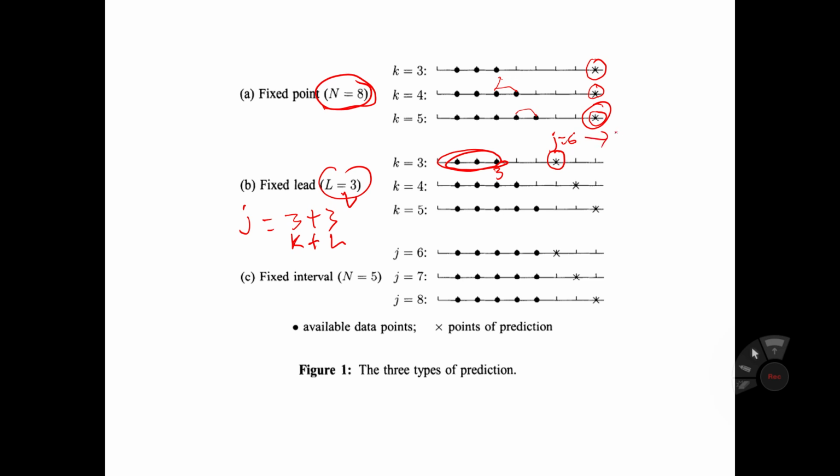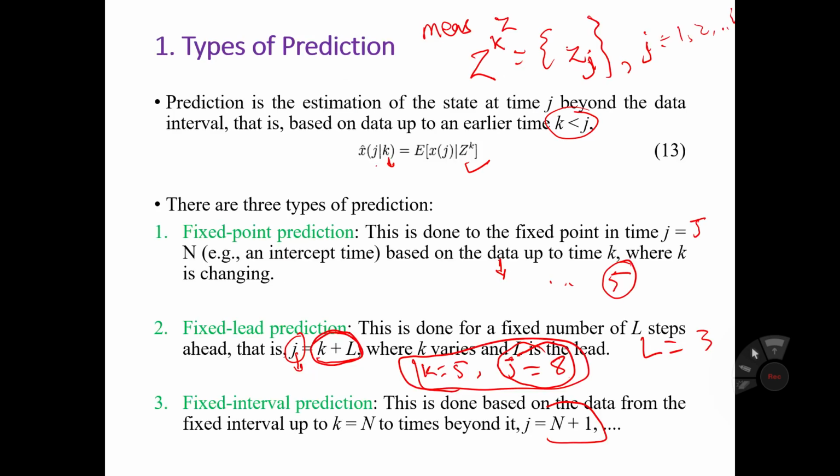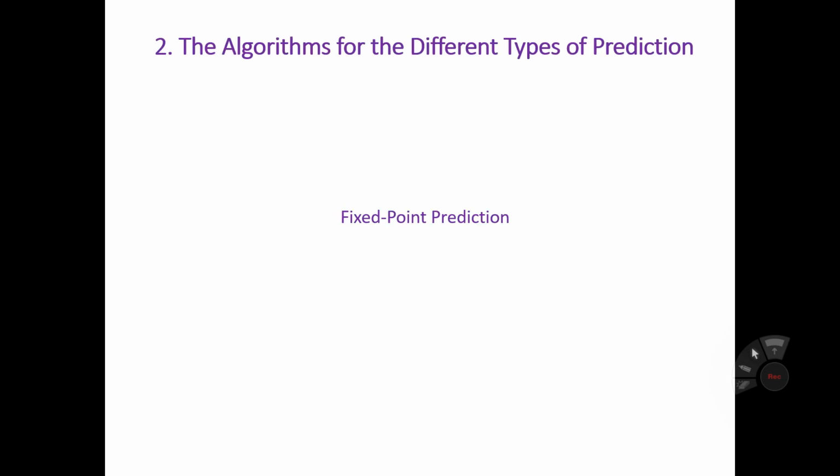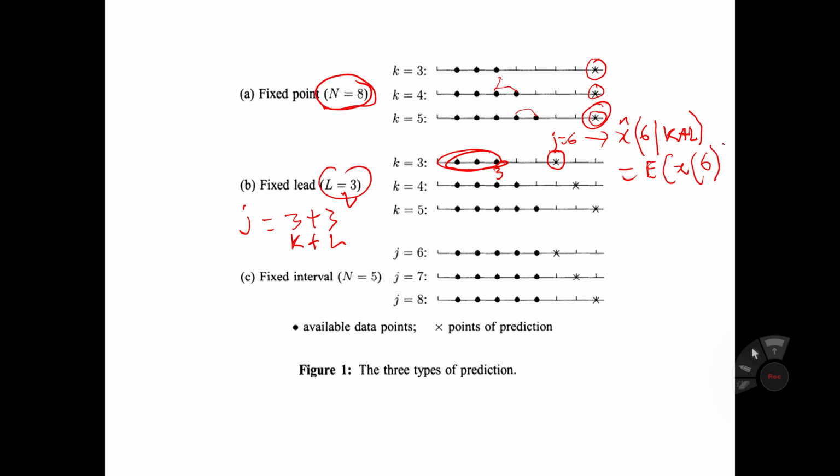So in this case, your estimated value of x of j, which is 6, conditioned on k plus L, equals the expected value of x of j, which is your 6, conditioned on Z^k. Z^k means, based on the measurement which is available to you up to scan number 3, you are predicting the state which is leading to here.